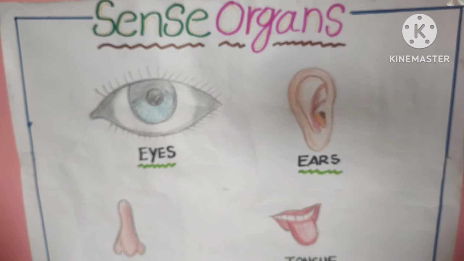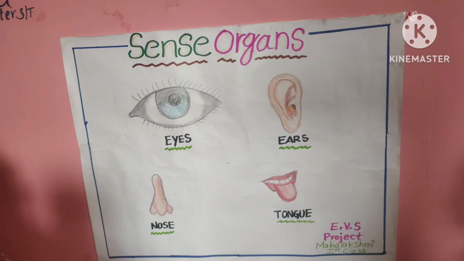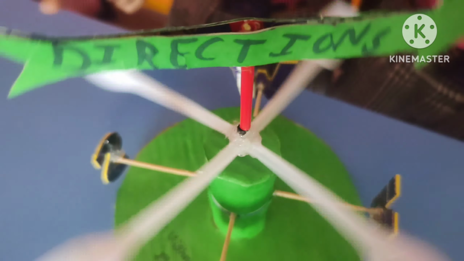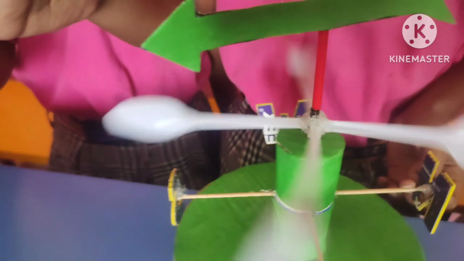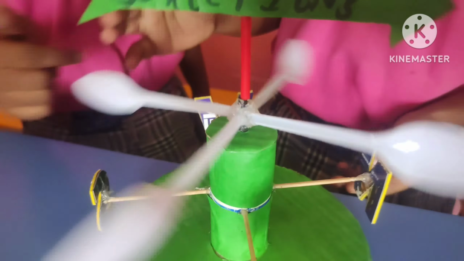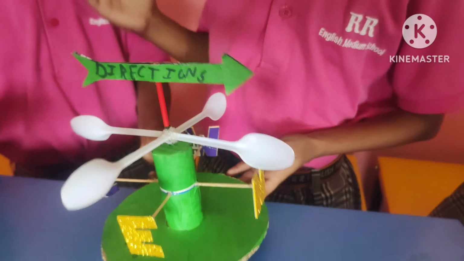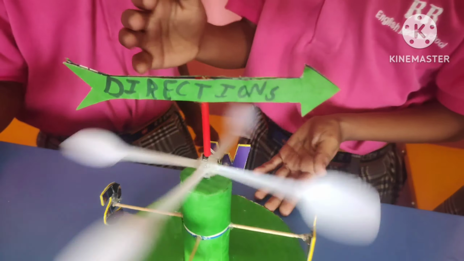Sense organs. So we have the five sense organs, and then the model making of the directions, east, west, north, south, done by the first class children.